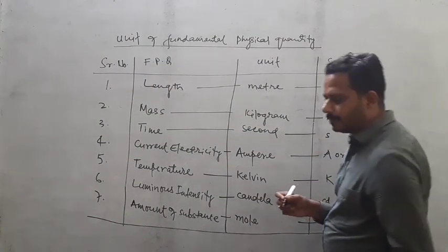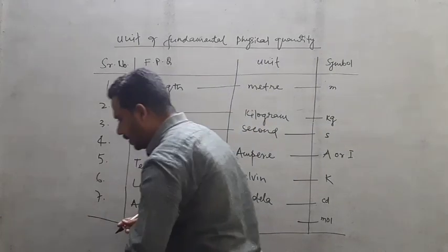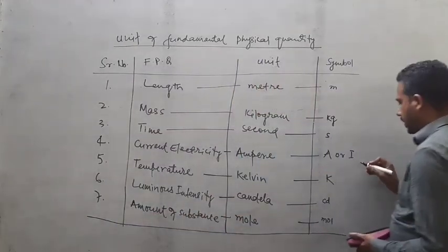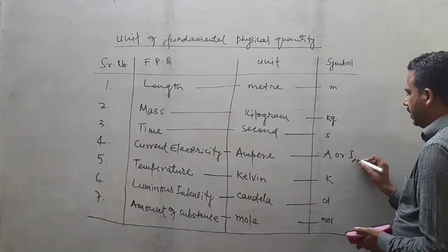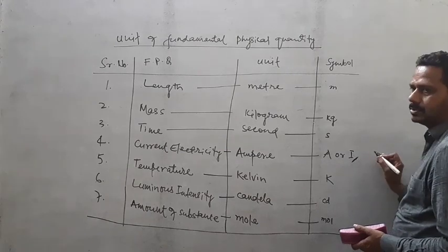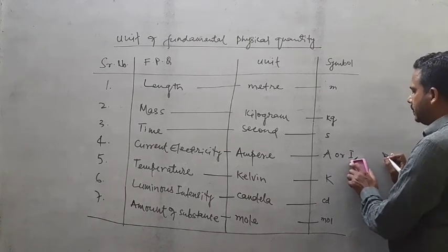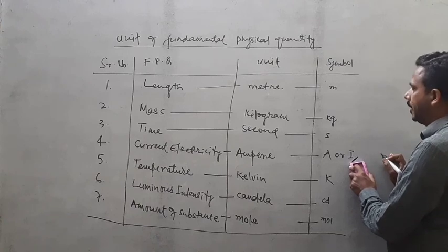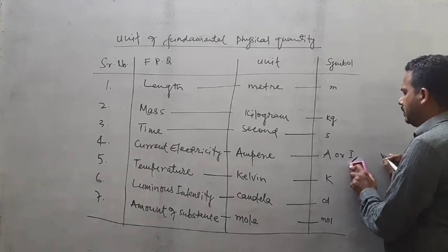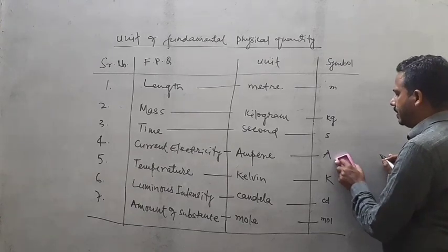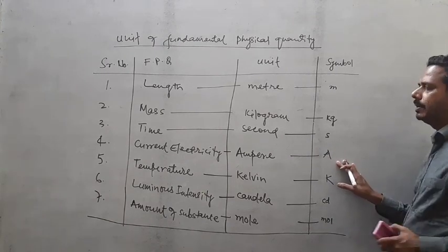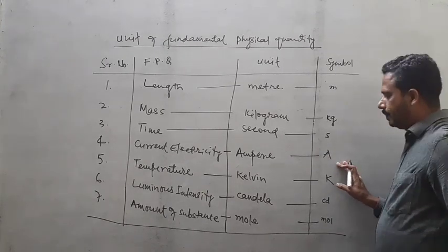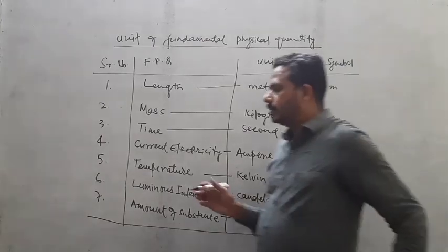Actually, this I is widely used in dimension, so we need not write it in unit symbol. So we can remove it from here. You just keep in mind ampere, A. Alright. So you got it.